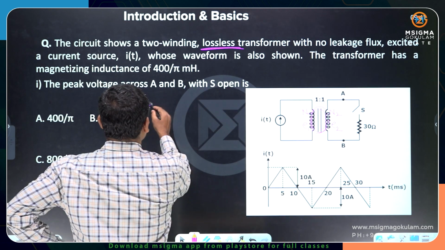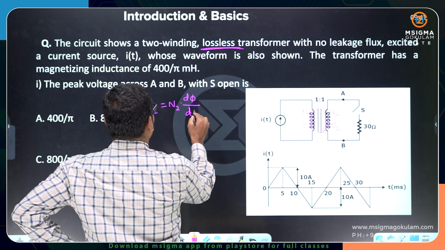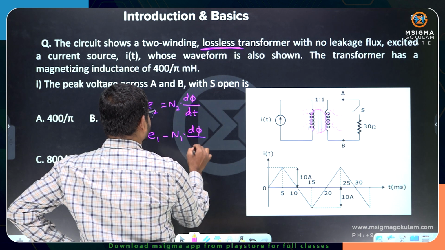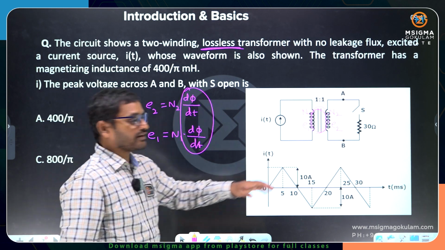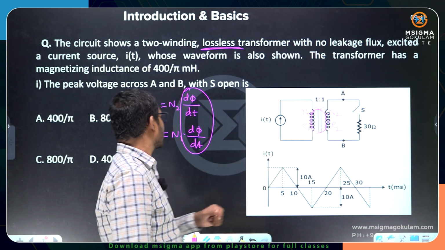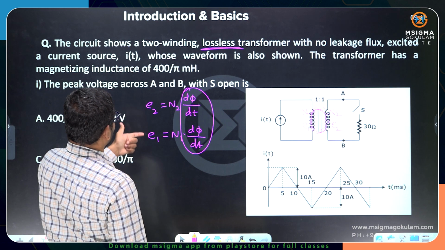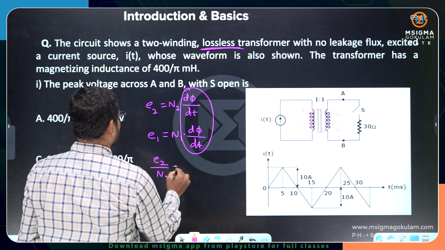You can write E2 is equal to N2 into d phi by dt. You can also write E1 is equal to N1 into d phi by dt. Yes or no? This d phi by dt is common for turns 1 and turns 2 both. So I can say that E2 by N2 is equal to E1 by N1.